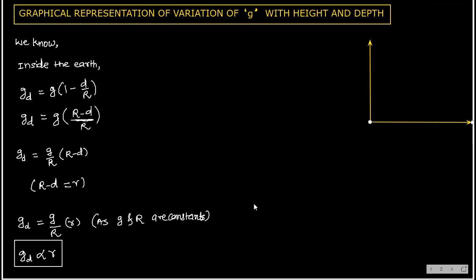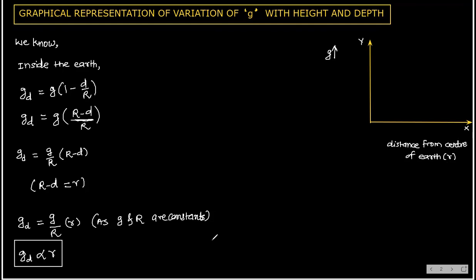I am taking on the y-axis the acceleration due to gravity, g, and on the x-axis the distance from the center of the earth, that is what I am assuming as small r. This is x, and this one is the y-axis.